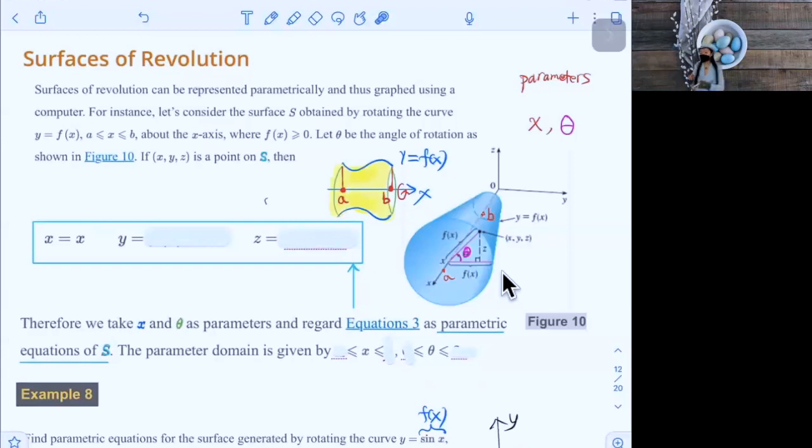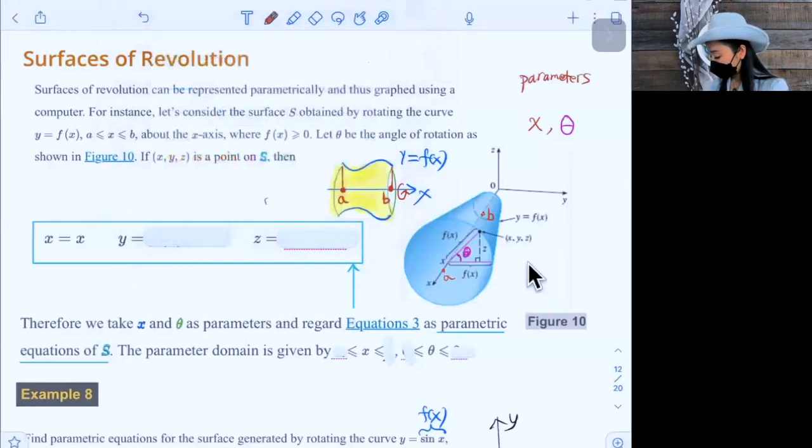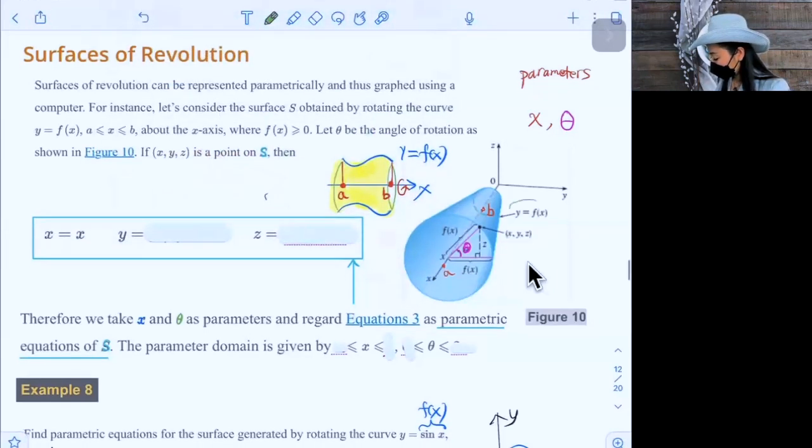Let's parameterize this surface. I'm going to let x be just x, because over here y is a function of x. So naturally I'm going to pick that.